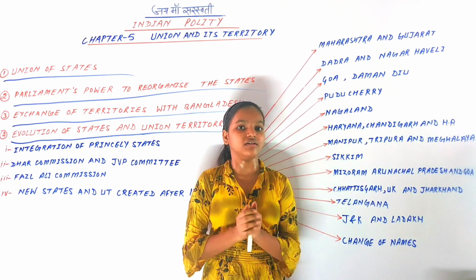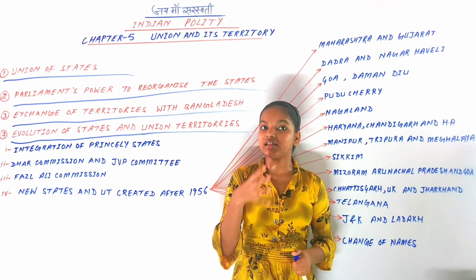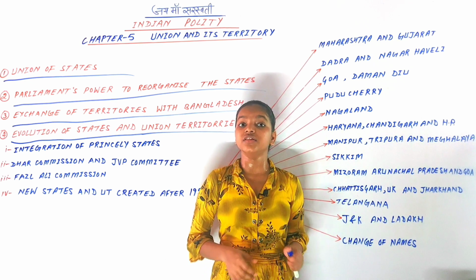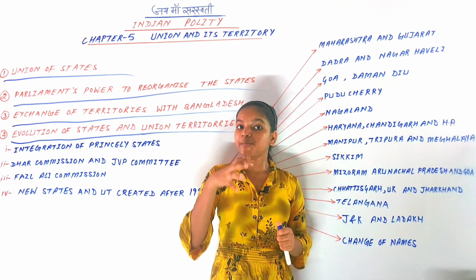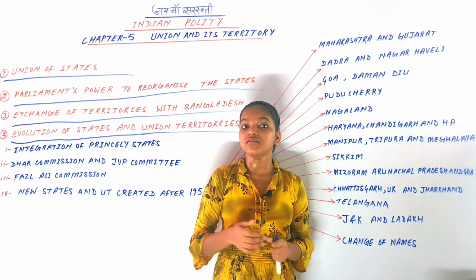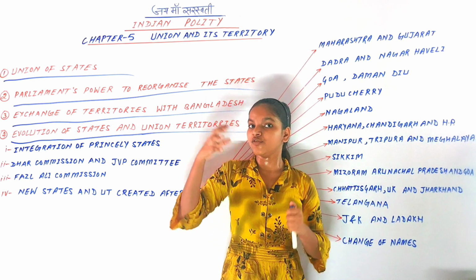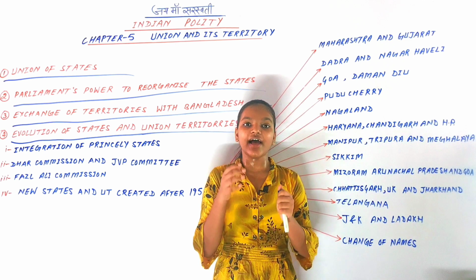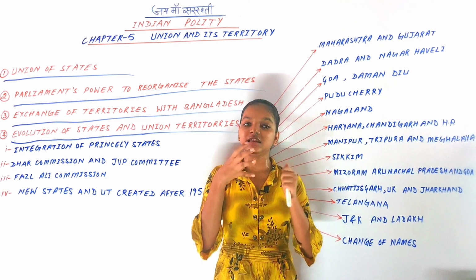And after the Indian Independence Act of 1947, the British had given three choices to the princely states: first, to join the Dominion of India; second, to join the Dominion of Pakistan; and third, to remain independent.